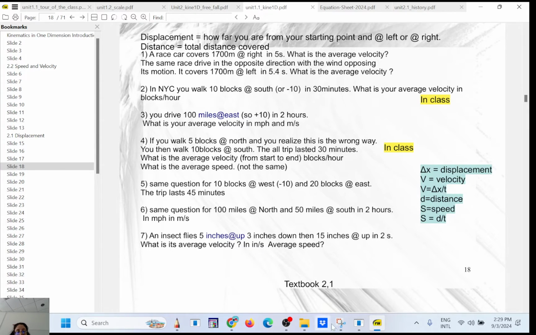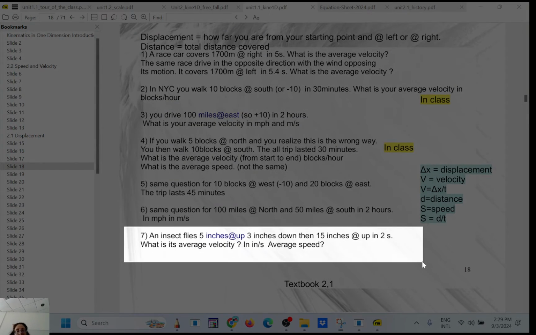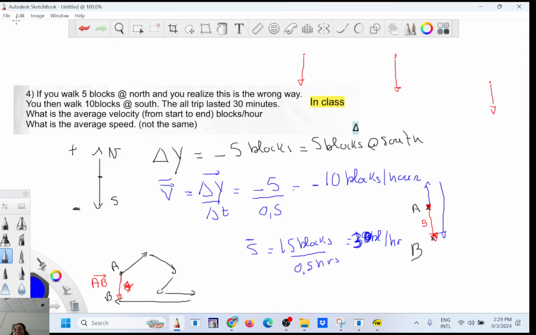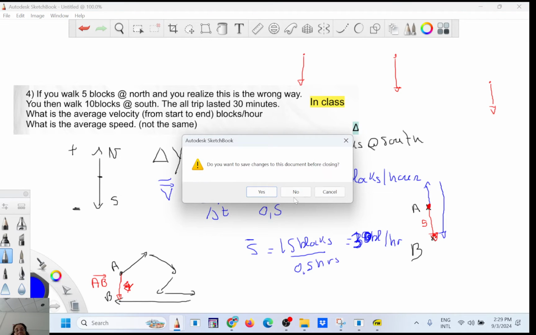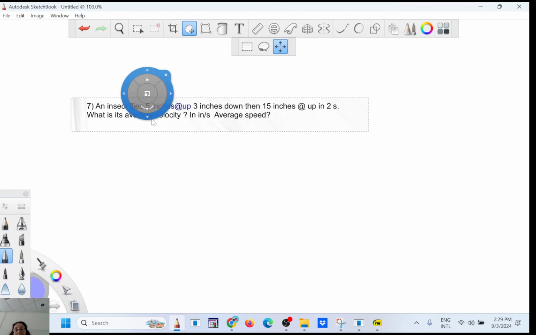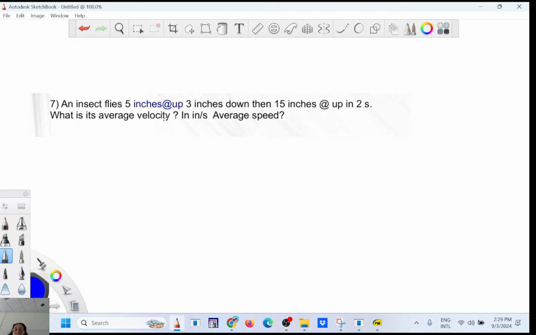Let's do, I don't know, number 7. This really does not make sense in real life, but it's just to teach you how to stick to the definition. So you go 5 up, 3 down, and 15 up.